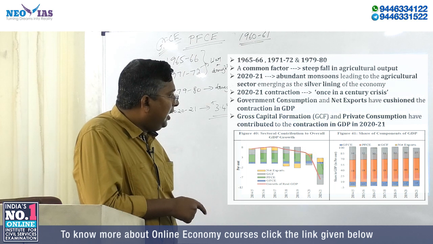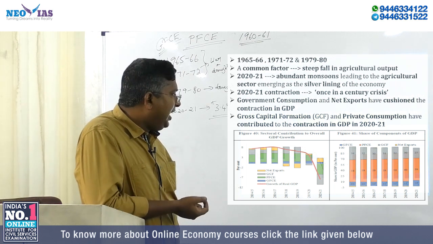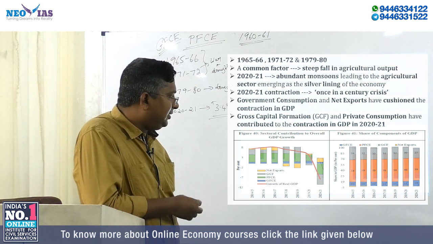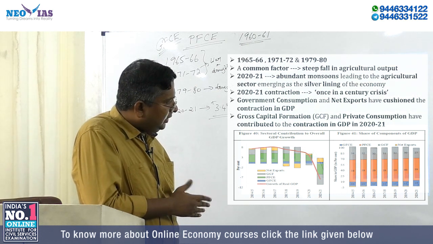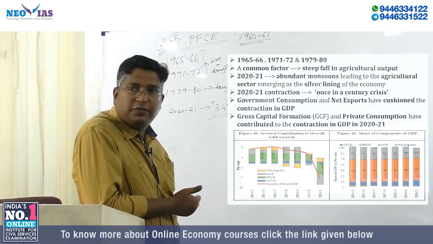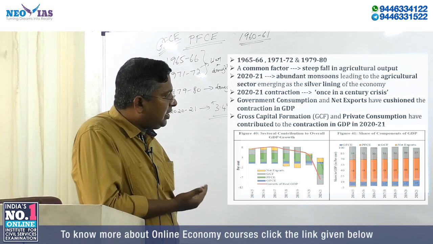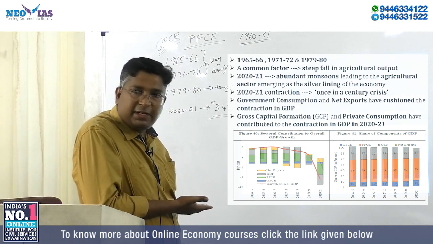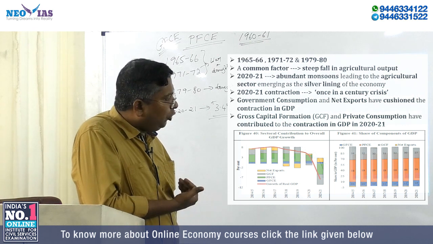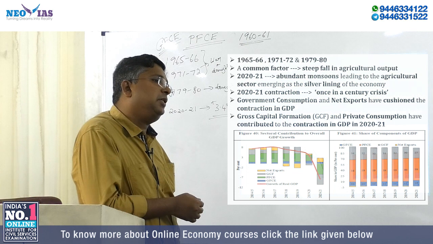See the government expenditure, it increased from 12 to 14. And net exports are negligible, very, very less. So the order in relation to the share of components of GDP: major contributor is private final consumption expenditure, followed by gross capital formation, followed by government expenditure, and last is net exports.